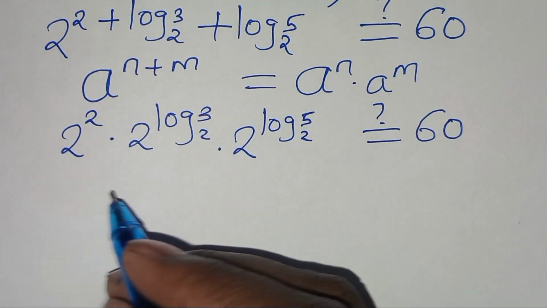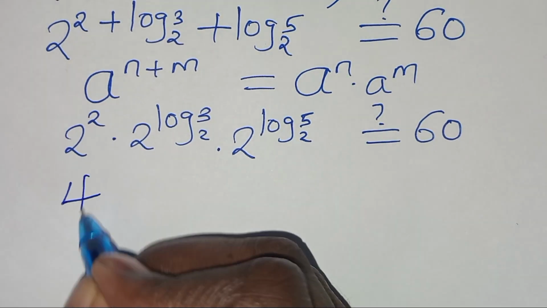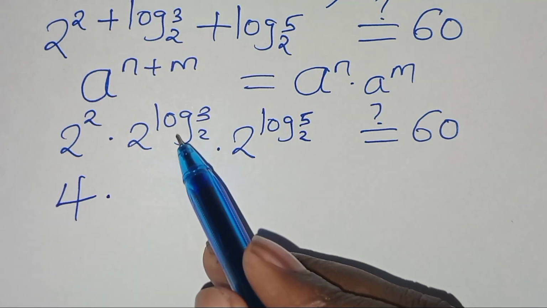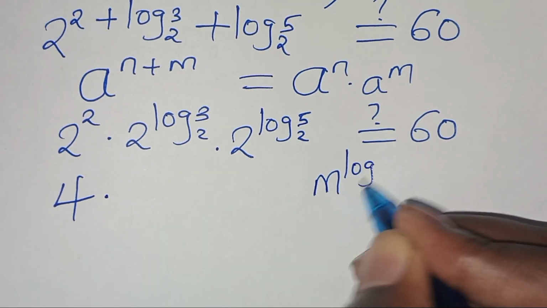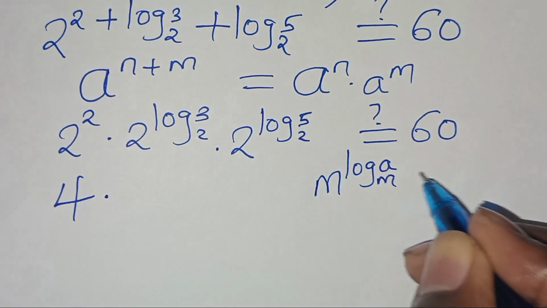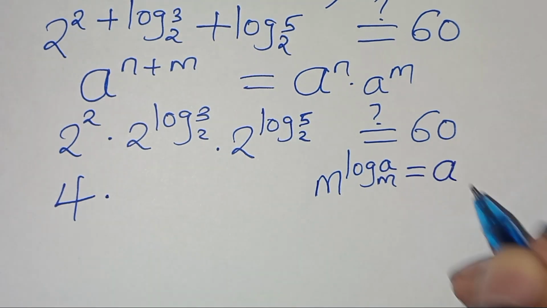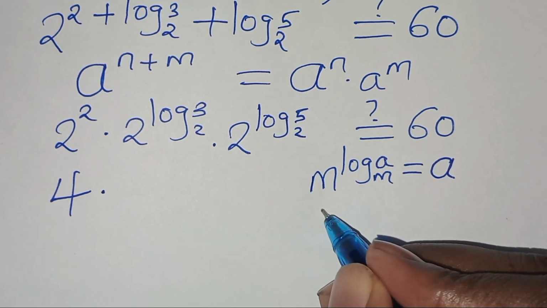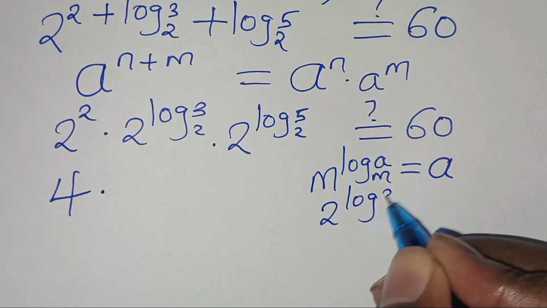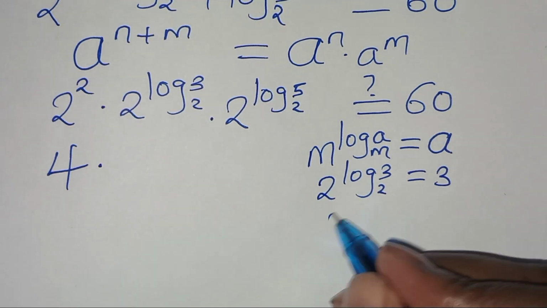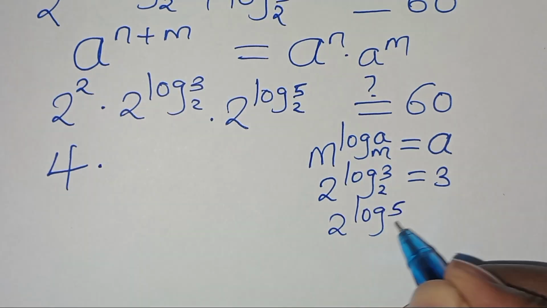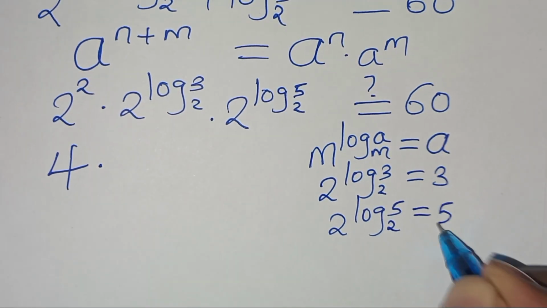Now the next step is that 2 to the power 2 here is 4, times 2 to the power log 3 to base 2. This is in the form of m to the power log a to base m, and this is supposed to give us a value of a. So 2 to the power log 3 to base 2 is the same thing as 3, and 2 to the power log 5 to base 2 is equal to 5.